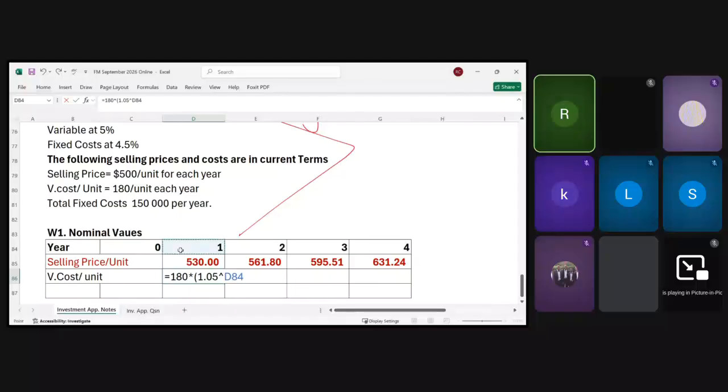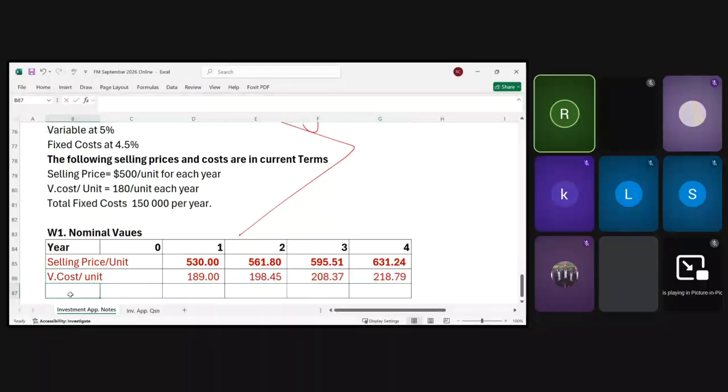I click year 1, to the power 1, close, and then I have my year 1 variable cost. If I move to year 2, you can see that it is picking 2 automatically. If I move to year 3, it is picking 3 automatically. If I move to year 4, it is picking 4 automatically. So these are going to be my variable cost per unit per year. All right, I'm done with this one.